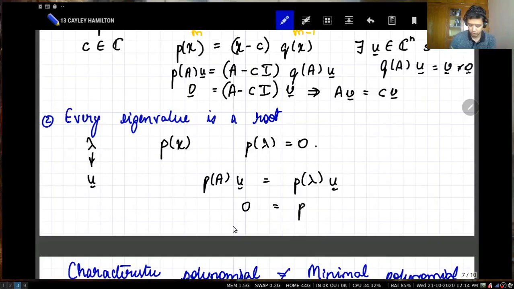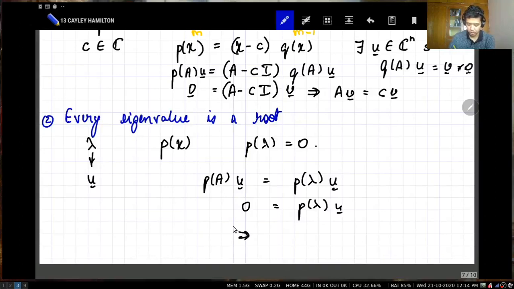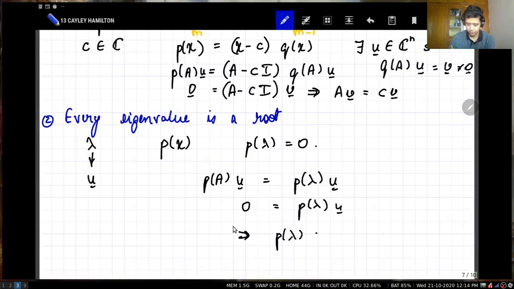So this is equal to P of lambda times u, and u is a non-zero vector, and this can happen only if P of lambda equals 0. So therefore every eigenvalue lambda of A is necessarily a root of the minimal polynomial. In fact, every eigenvalue is always a root of any annihilating polynomial of A.